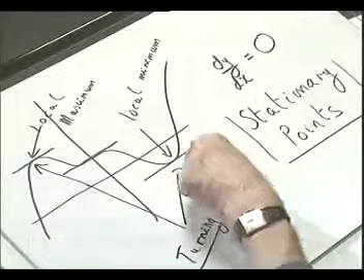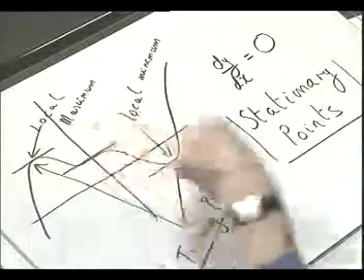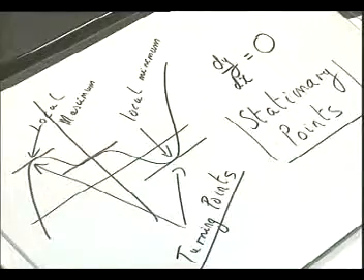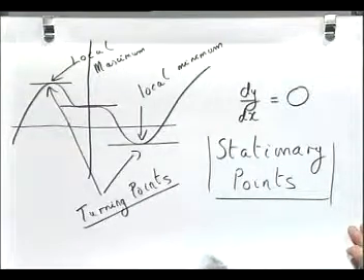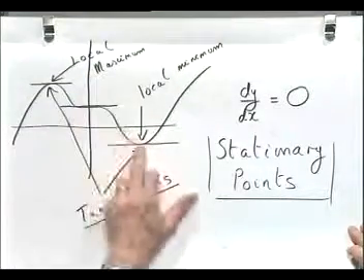In essence, this video is going to be about finding these points, maxima and minima, and distinguishing between them, because being able to find them isn't a great deal of use unless we can tell them apart. So we need to be able to distinguish between a maximum and a minimum.